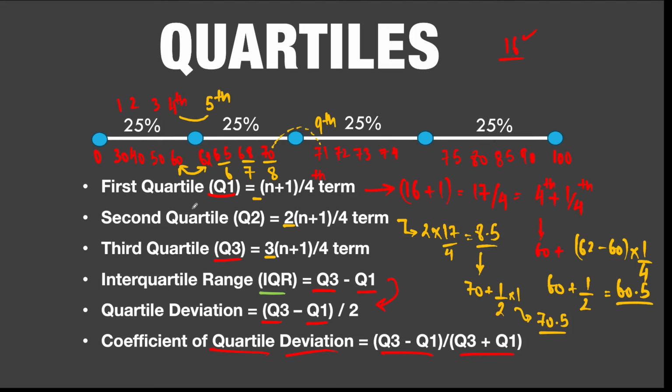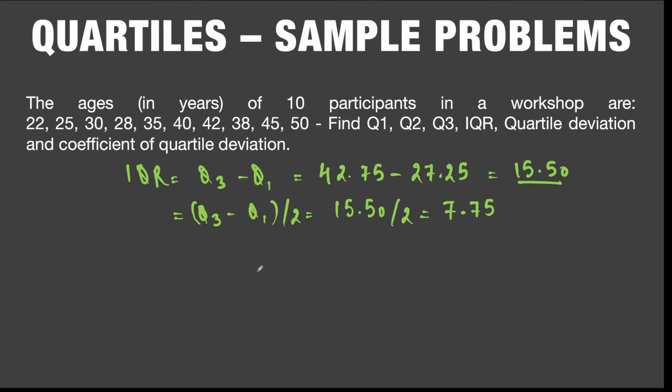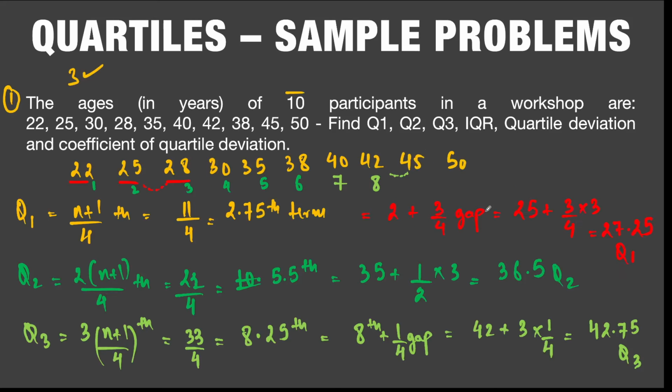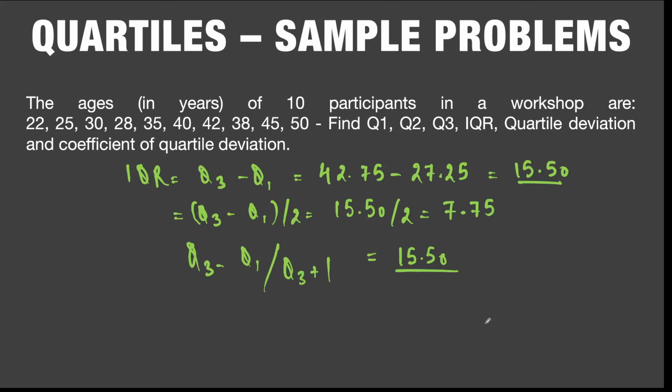This is quartile deviation. Now talking about the third formula, the coefficient of quartile deviation, which is Q3 minus Q1 whole upon Q3 plus Q1. We already have Q3 minus Q1 as 15.50, and Q3 plus Q1 is 42.75 plus 27.25.